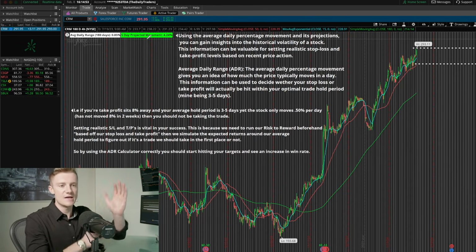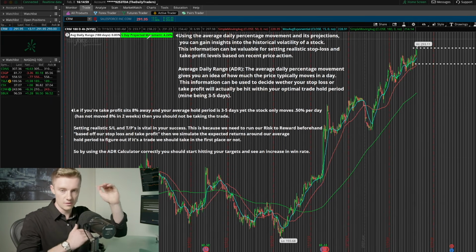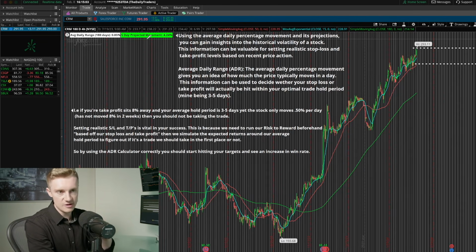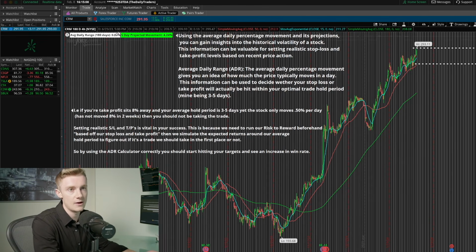That's not up or down, that is just taking into account the daily high and the daily low on the 4-hour over the last 180 days. So between the lowest price of the day and the highest price of the day, on average, CRM is moving less than 1%.